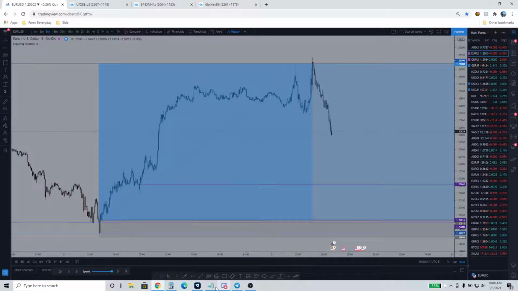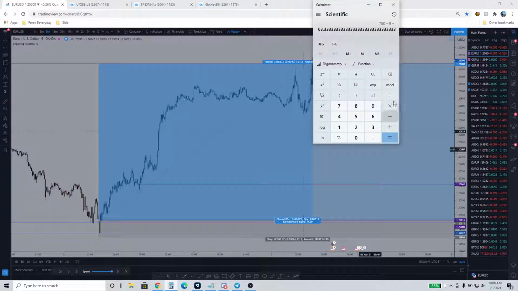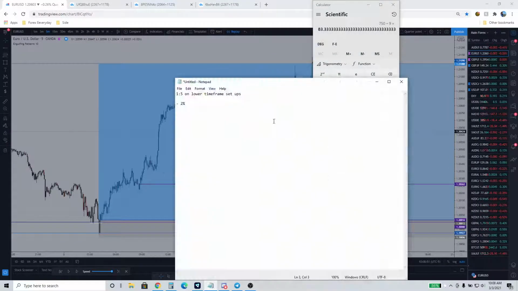So my exact trade, what I personally saw was 9.19x my risk, whether that's 5%, 10%, whatever.